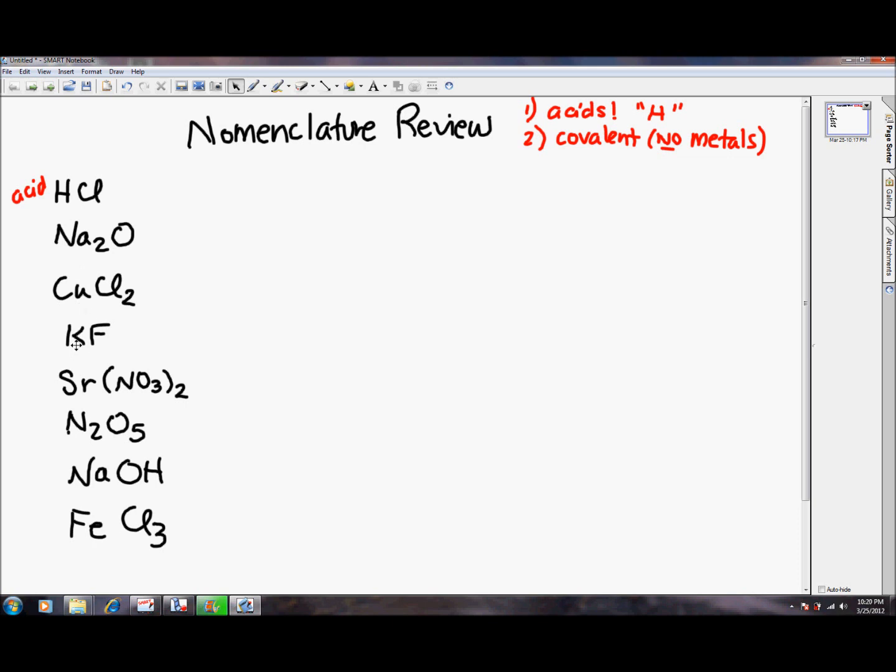Okay, potassium, that's also a metal. Strontium, that's a metal. Nitrogen. Now, nitrogen's a nonmetal, and oxygen is also a nonmetal. So right here, I have immediately identified this as a covalent compound. Okay, so far we have identified 2 of these.